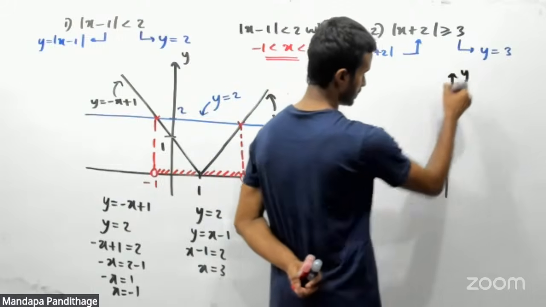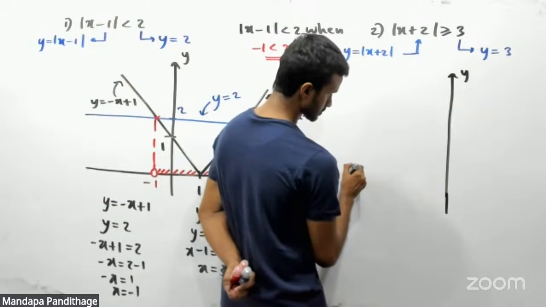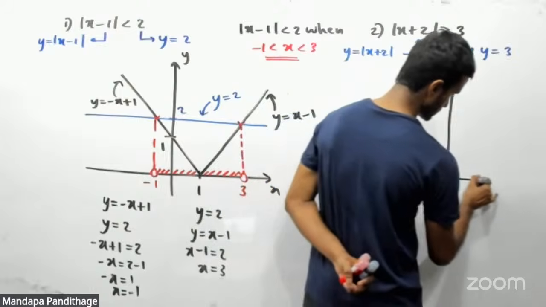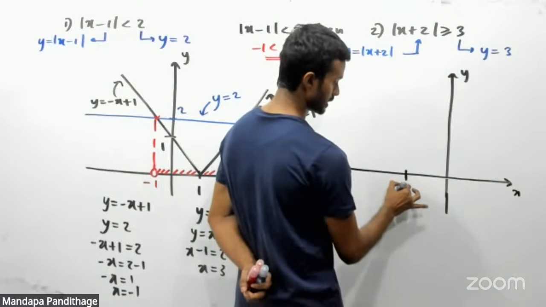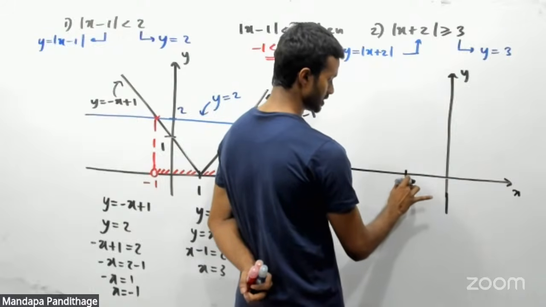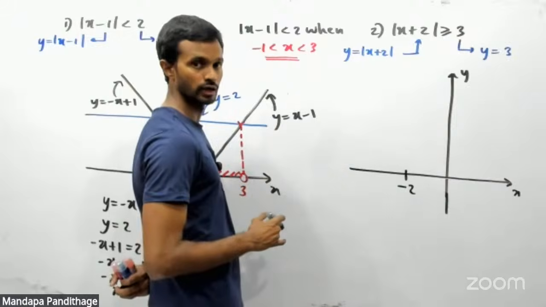In this case, look at this. I'm not explaining how to draw it, because we have comprehensively done the part on sketching the graph, so I'm not going to explain in detail how to do that.